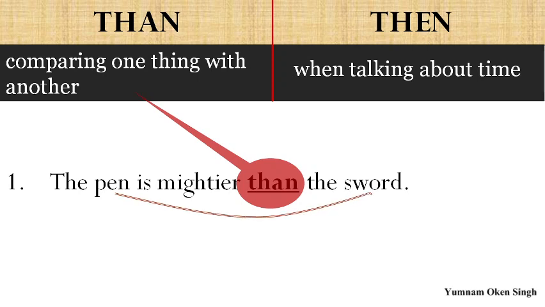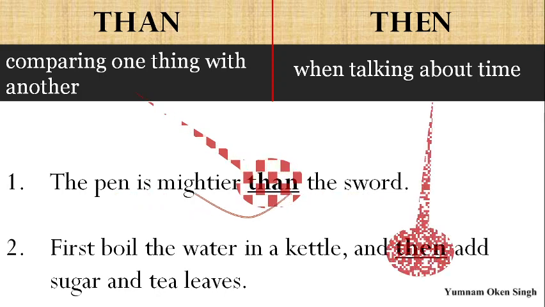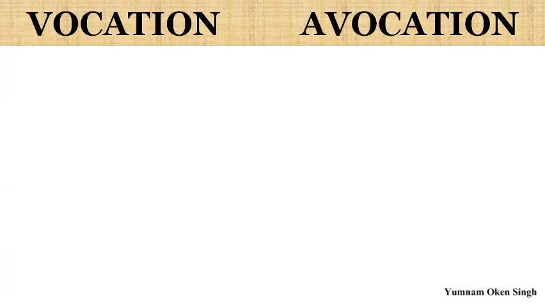And come to the second example here. First boil the water in a kettle and then add sugar and tea leaves. Here, then, we are talking about time. It means after boiling water in a kettle for some time, after that time you add sugar and tea leaves.